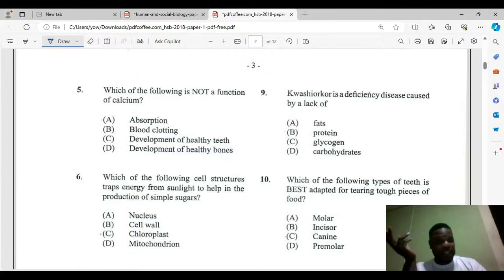Out of it, absorption. Calcium is used for absorption? Tell me how calcium is used for absorption. So you say B, so why do I rule out A?